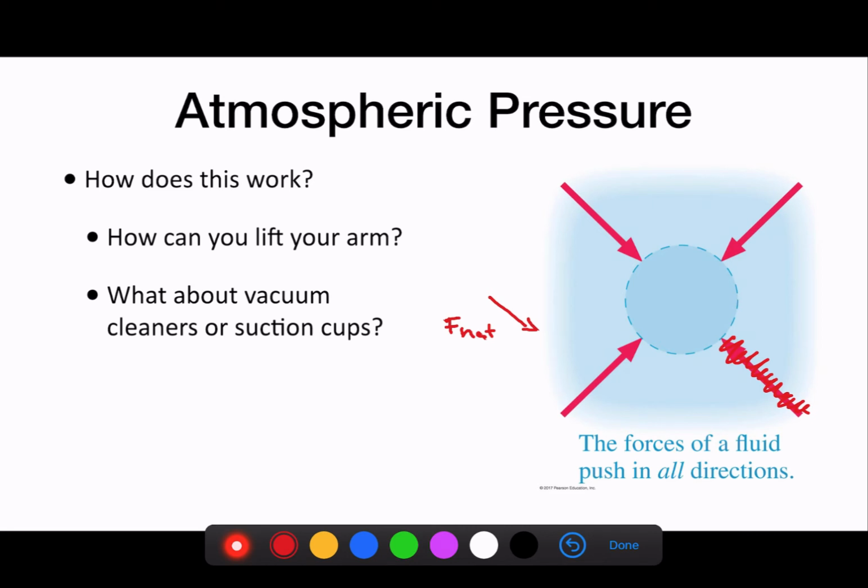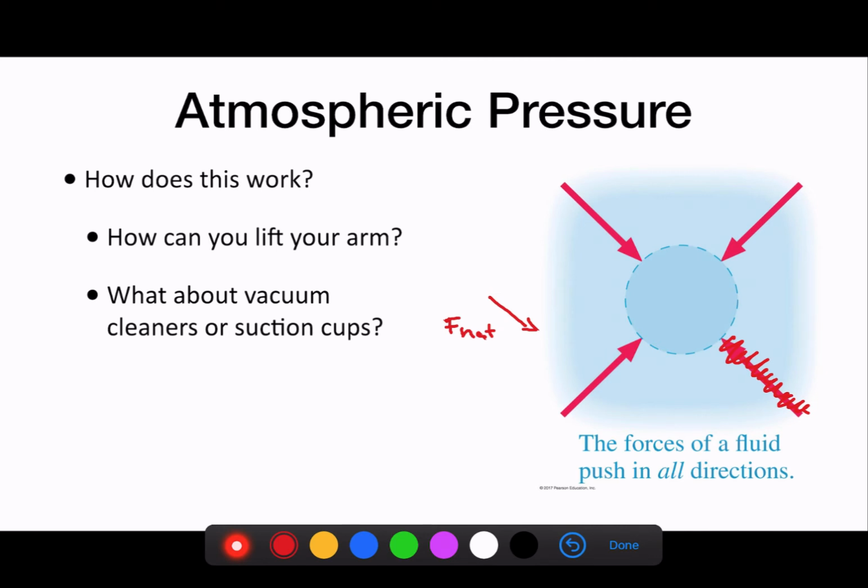So if you put your hand against the end of a vacuum hose, you're going to feel it being pulled towards that vacuum. It's actually not being pulled, it's being pushed. There's no force between your hand and the vacuum cleaner because the air has been removed or is continually being removed. But there is atmospheric pressure on the opposite side of your hand, pushing your hand up against that vacuum cleaner.